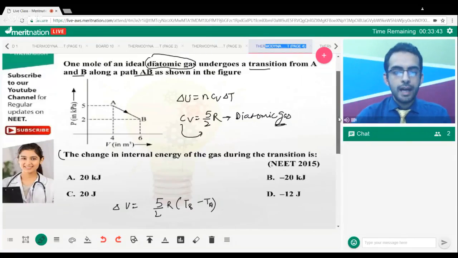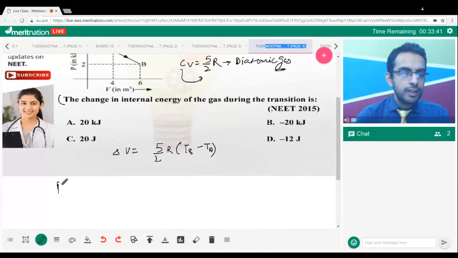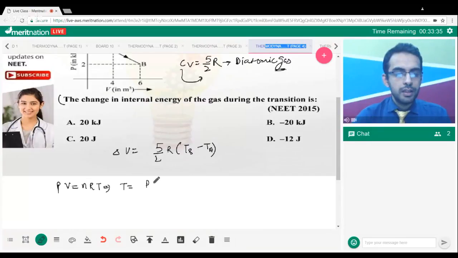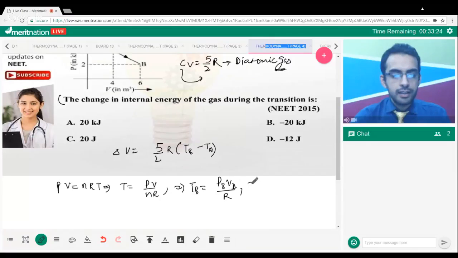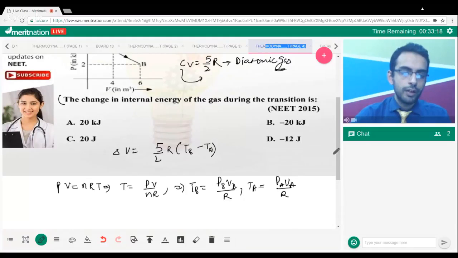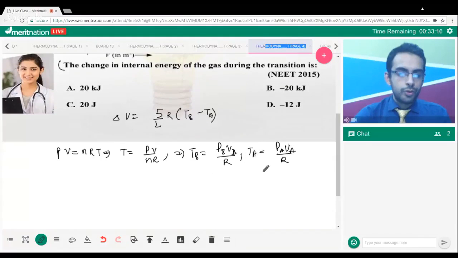So we can replace TB and TA from this graph. How we can do that? We know that PV is equal to nRT, right? So this implies T is equal to PV by nR. So this means TB is equal to PB into VB by R, and TA is equal to PA VA by R. So TB is this and TA is this.